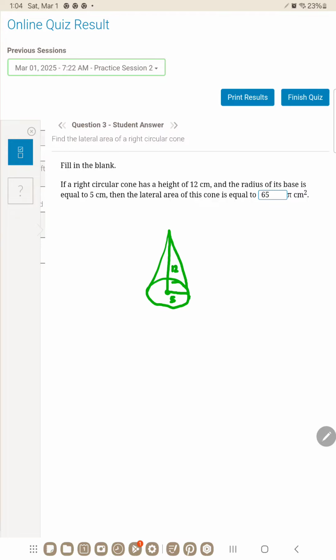So it's equal to the square root of 12 squared plus 5 squared, which is 13. So pi r, the radius is 5, times 13. 13 times 5 would give you 65 pi. And that's it for this question.